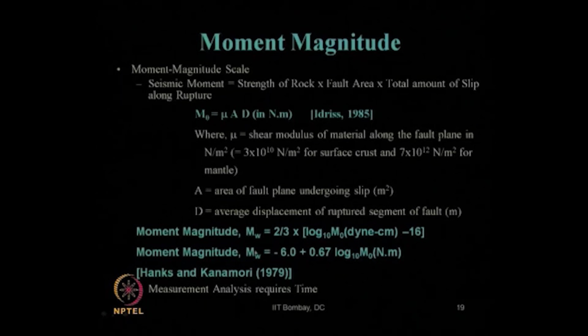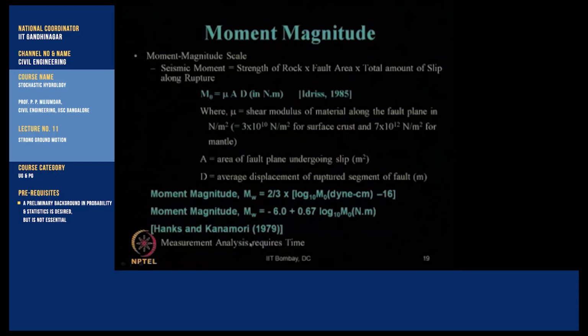This equation was proposed by Hanks and Kanamori in 1979, and this measurement analysis requires time. You cannot quickly measure the moment magnitude soon after an earthquake. It requires time to estimate. Why does it require time? Because after an earthquake, you need to find out how much area of the fault plane underwent slip and how much is the average displacement of that ruptured fault.